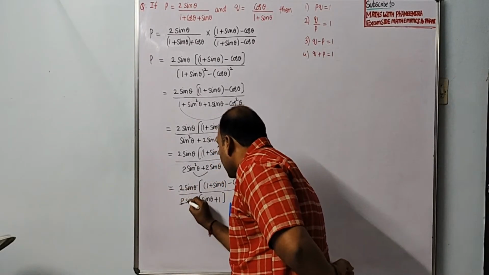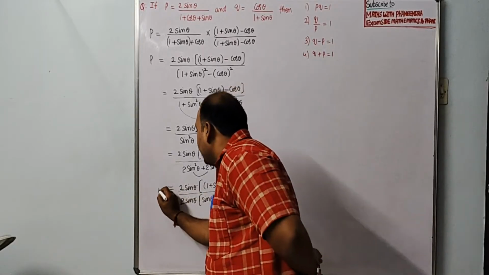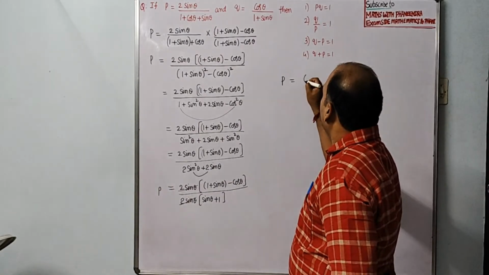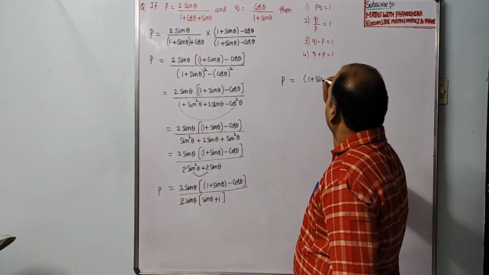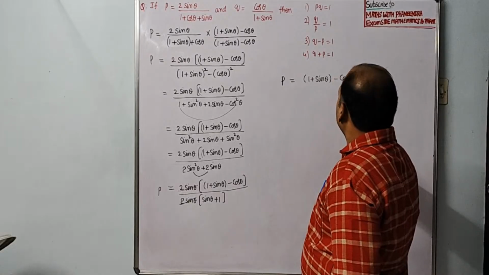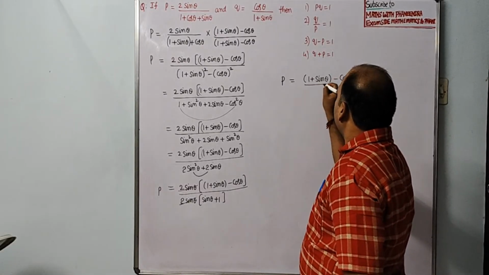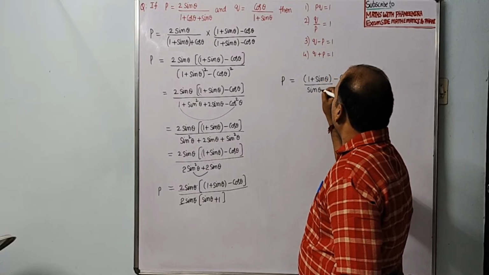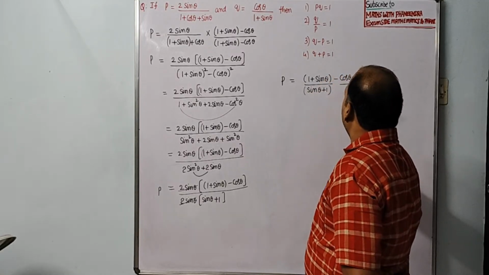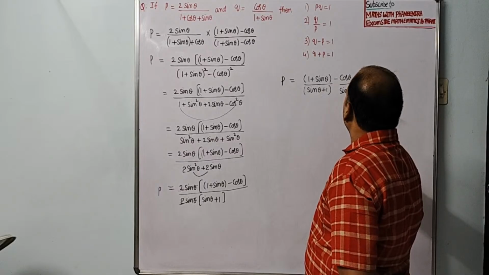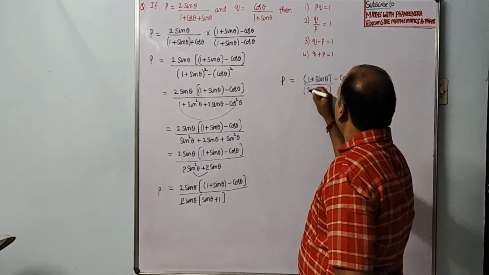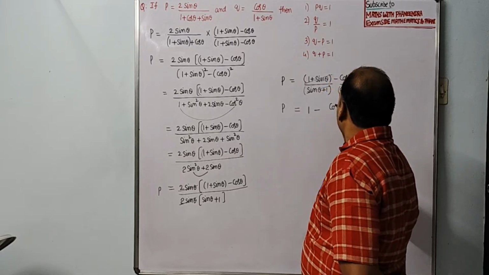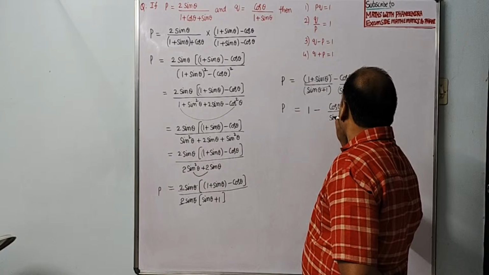So 2 sine theta gets cancelled. So P equals (1 plus sine theta minus cos theta) divided by (sine theta plus 1). These two cancel. P equals 1 minus cos theta by (sine theta plus 1).